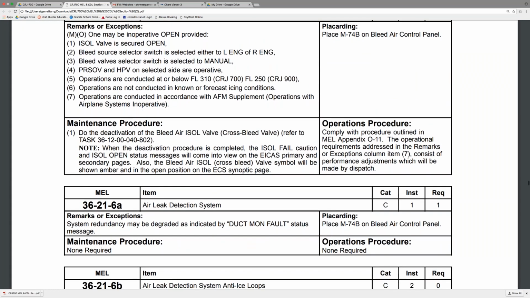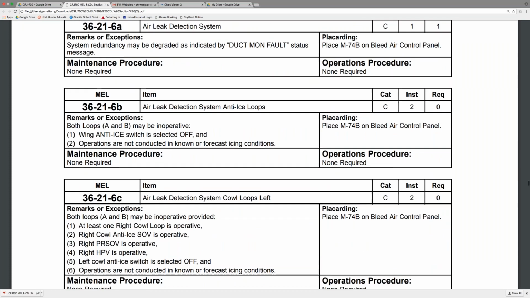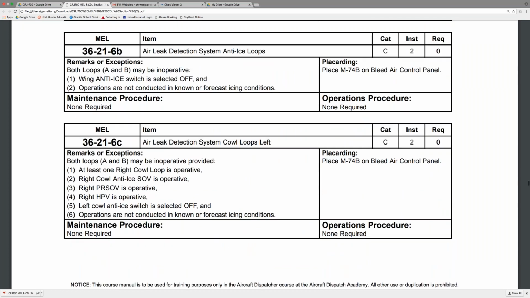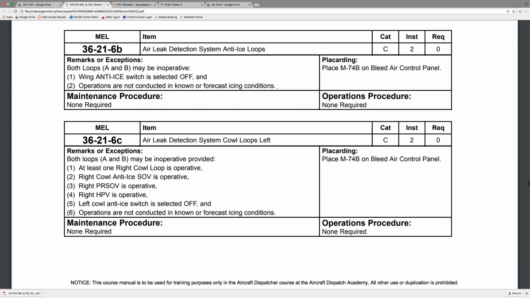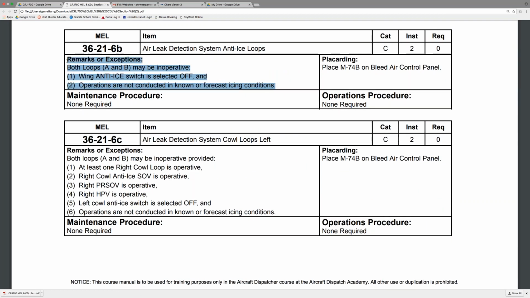Okay, some of the other things that we see. What's a system that's controlled by our bleed air system? Air conditioning and... am I correct?